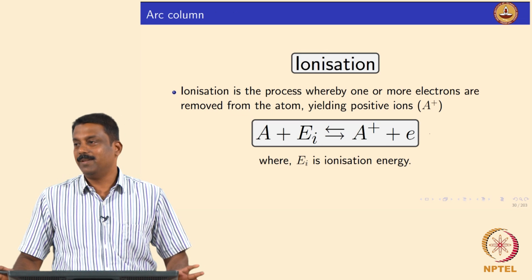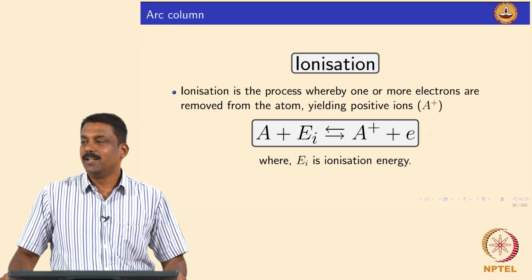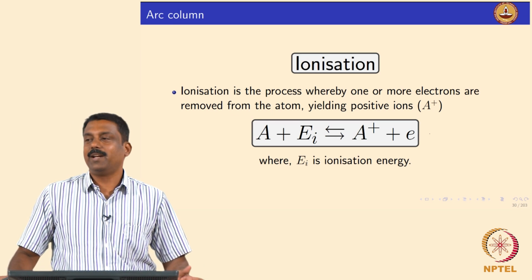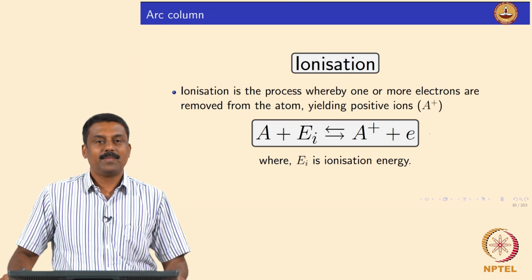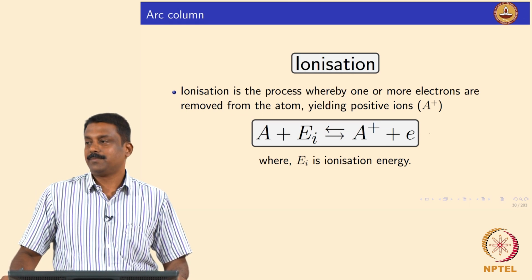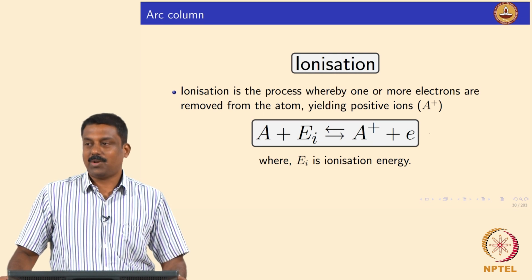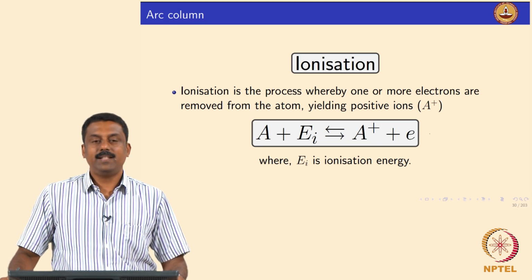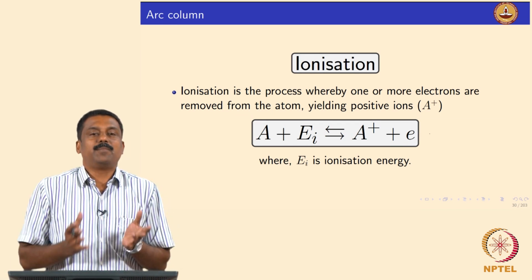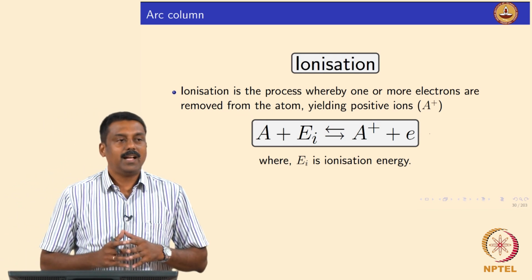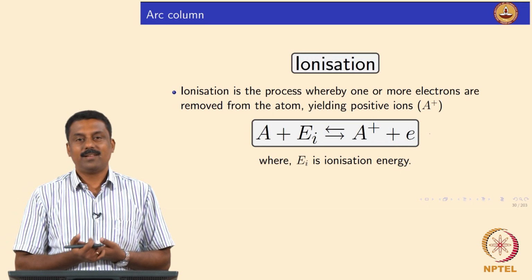Okay, this is simple. Ionization is nothing but a process of removing one electron from an atom. In this process, you generate an electron, and the atom becomes a positive ion.